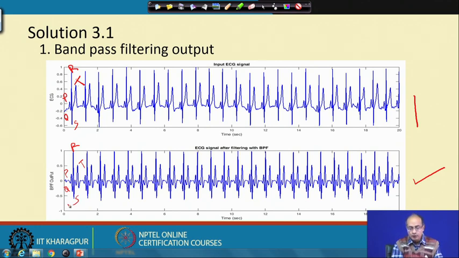So, overall the QRS complex is emphasized by the band pass filter. Here, as the input signal did not have much noise, we cannot see the impact in terms of noise removal in this picture.